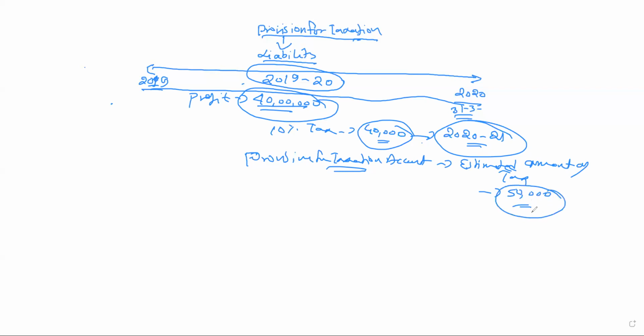This estimated amount of tax will be recorded in which account? Provision for taxation account. But later on, when you come to know that you have to pay 40,000, then from this 50,000 of tax that you've estimated, you pay out 40,000. Did you understand my point?